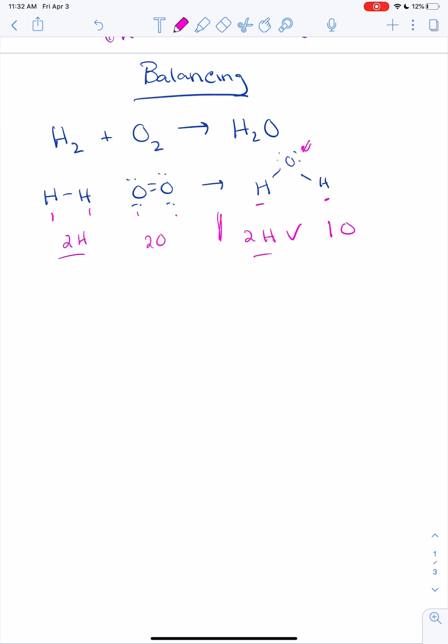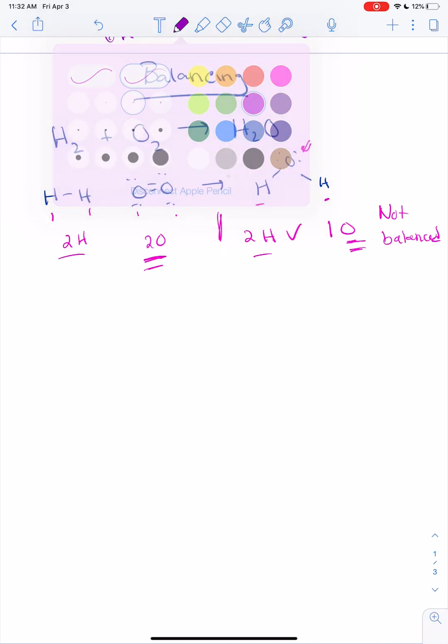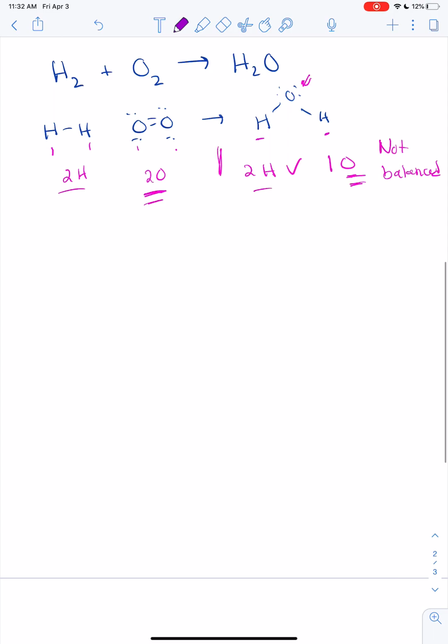So we had 2 oxygens on the reactant side, but only 1 oxygen on the product side. So that means this is not balanced. It does not hold up the law of conservation of mass. So we have to balance it. Okay. Now let's show how we would do this.